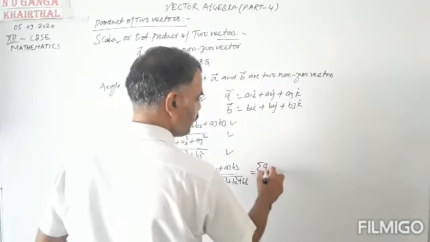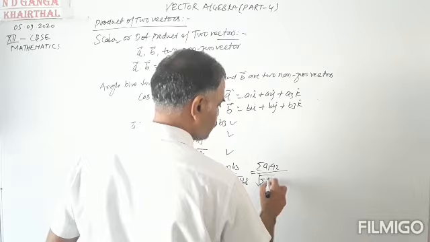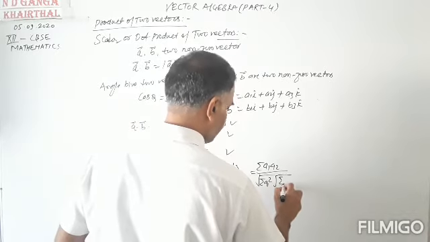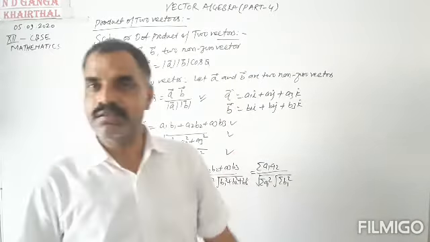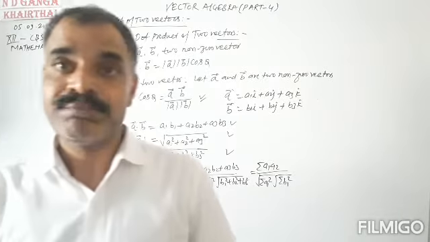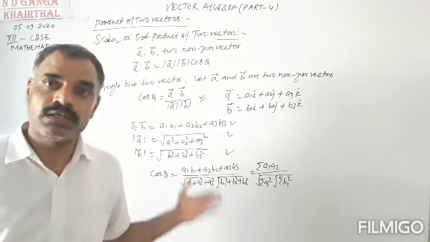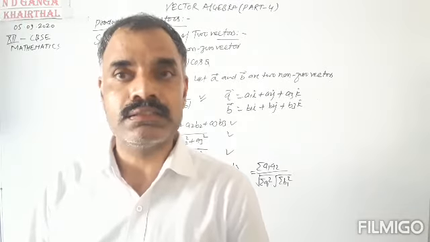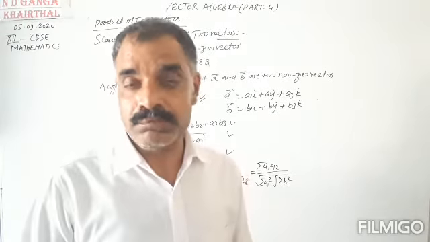This can be written in summation form as summation a1 b1 divided by under root summation a1 square, under root summation b1 square. So this is the component form of the angle between two vectors, a vector and b vector. This is an important formula.